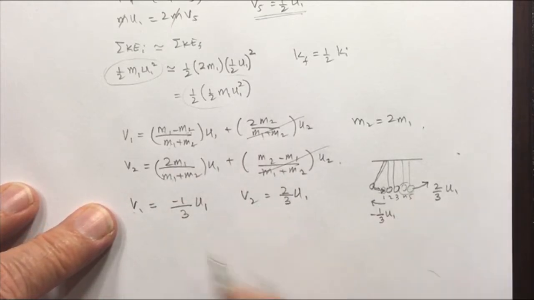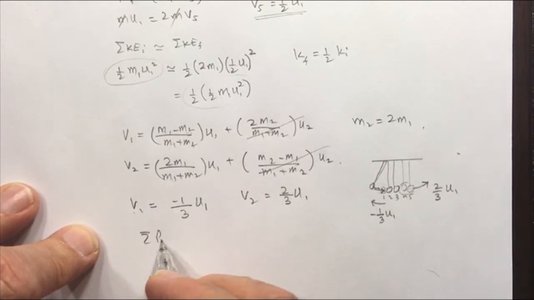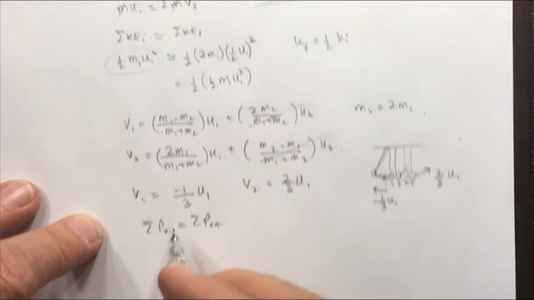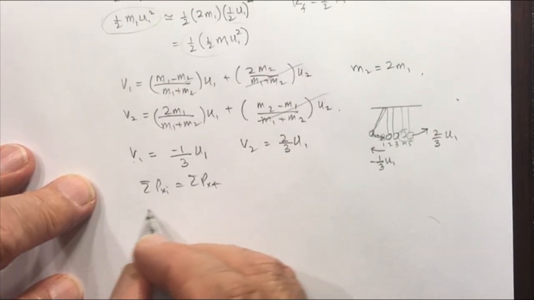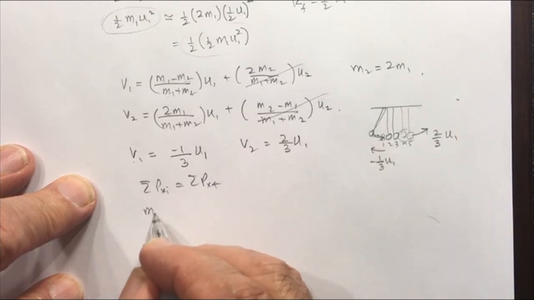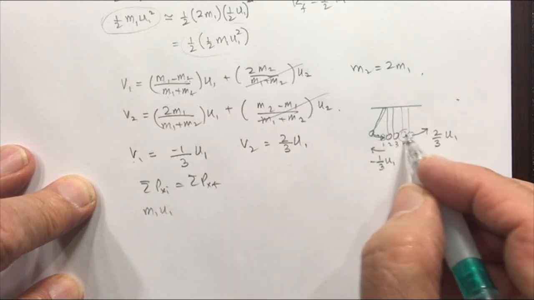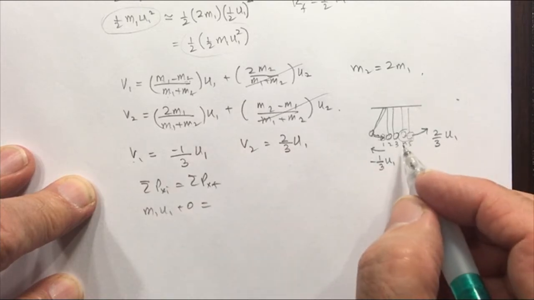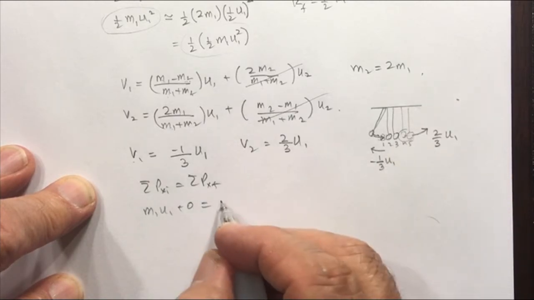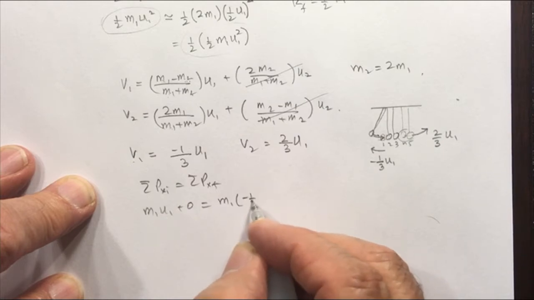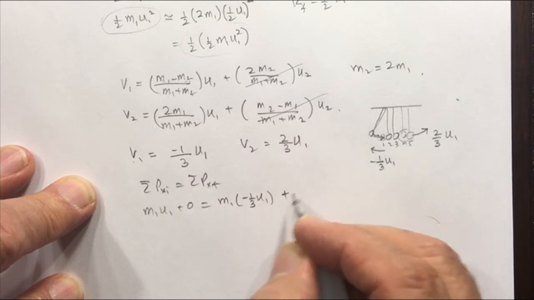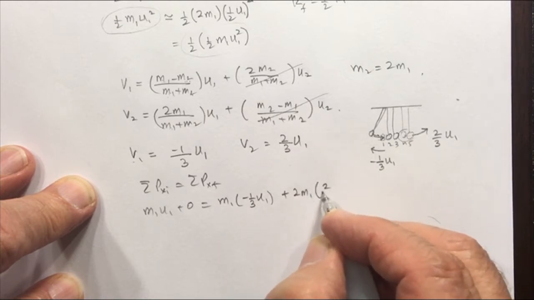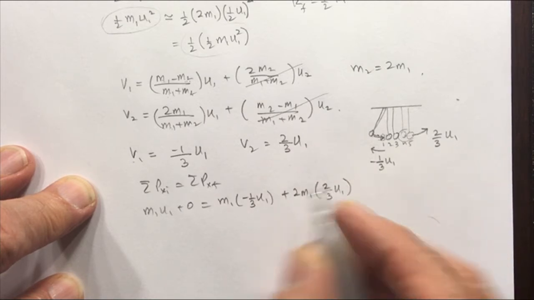Let's see what happens to the momentum. We see p x initial equals the sum of p x final. The initial is m1 u1 plus 0, and the final is m1 times minus 1/3 u1, plus m2, which is 2m1, times 2/3 of u1.